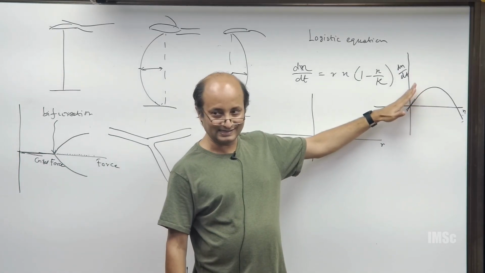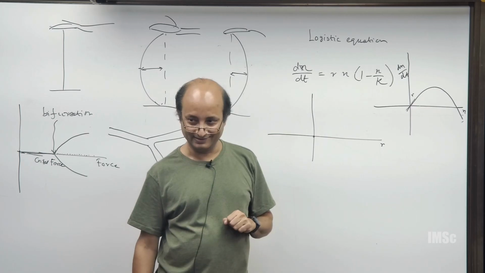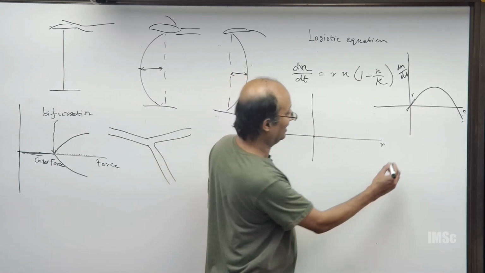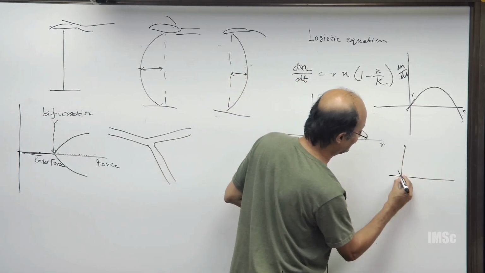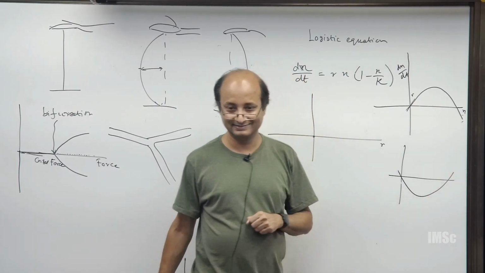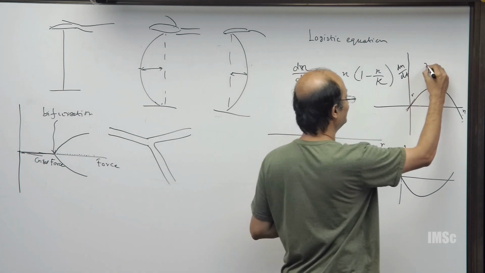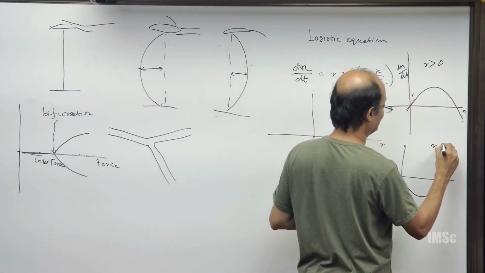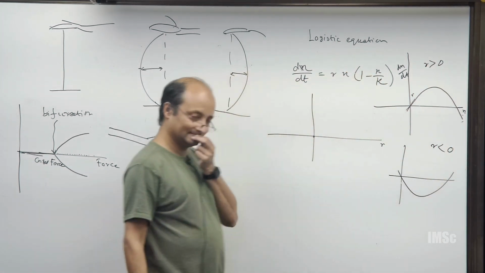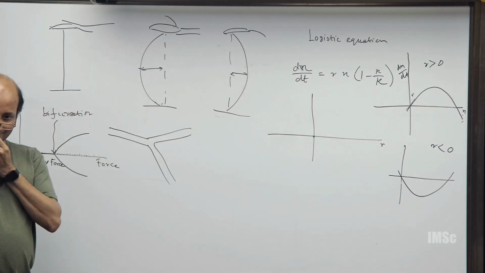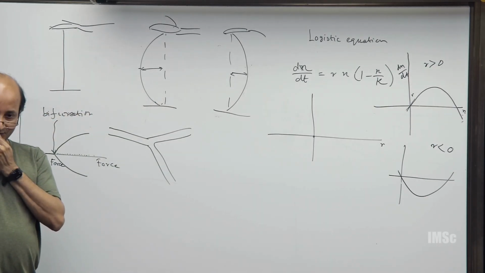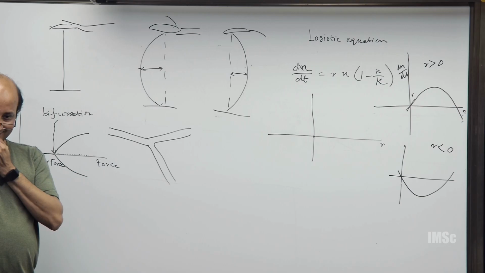Okay. When R is negative, what will happen? Yeah. So when R is negative, it is actually like this, right. So this is R positive, this is R negative. It will not grow. So what will happen to it? It will just stay towards n equal to 0. It will go to 0, right.